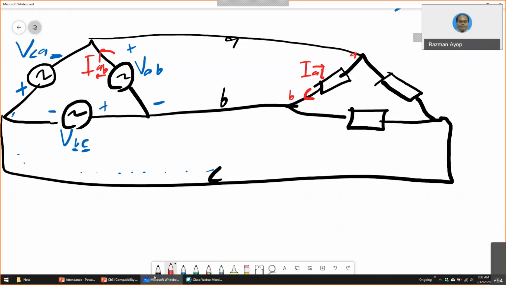The phase current and the line current in the generator and load are in different directions.